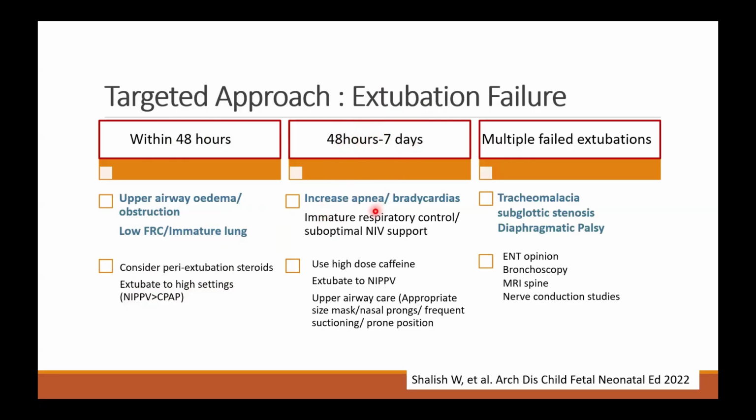Mostly these patients may have increased apnea, bradycardia, which may be due to immature respiratory control or suboptimal non-invasive respiratory support. So these babies can be given a high dose of caffeine on a case-to-case basis. Extubation to NIPPV and upper airway care are important aspects in these babies: appropriate size mask, nasal prongs, frequent suctioning, and sometimes prone position may help.